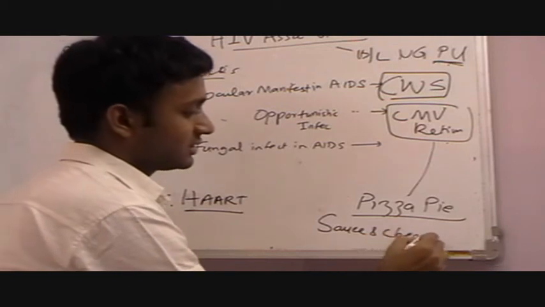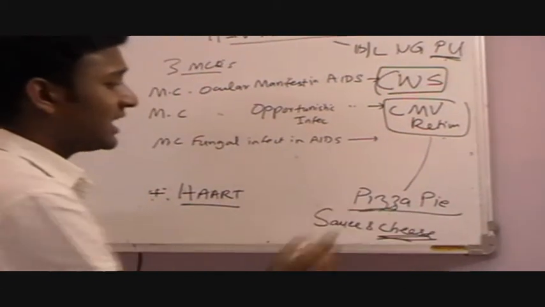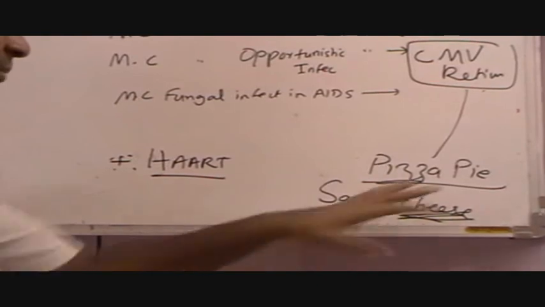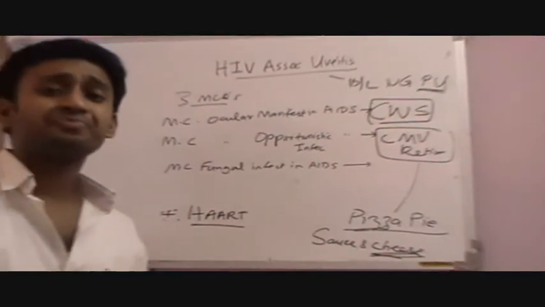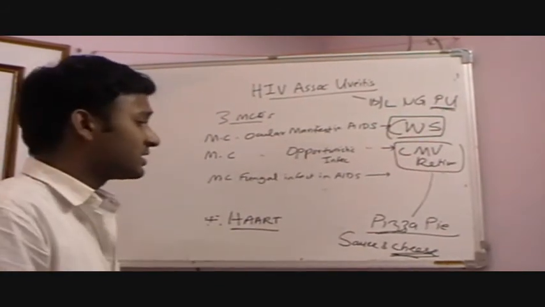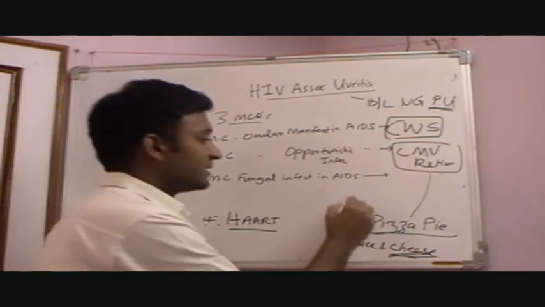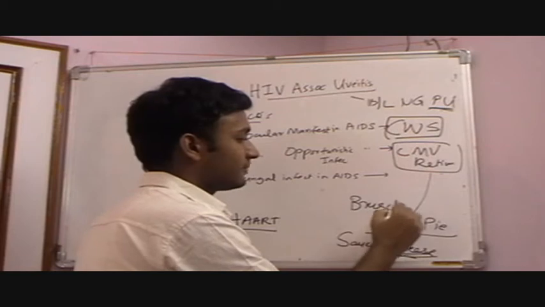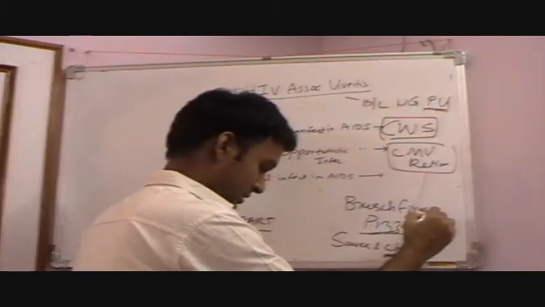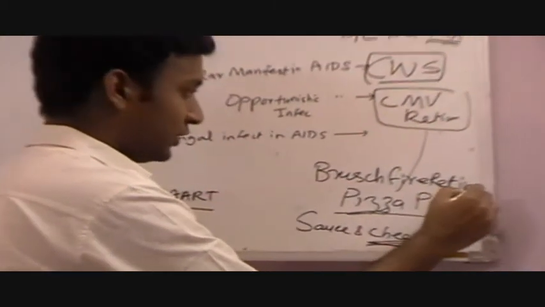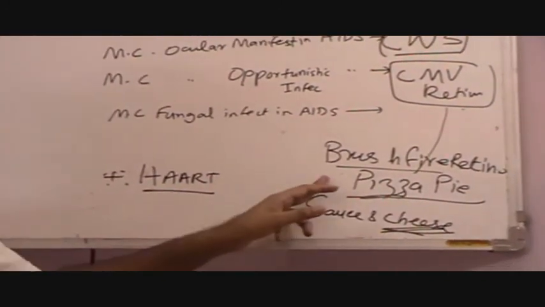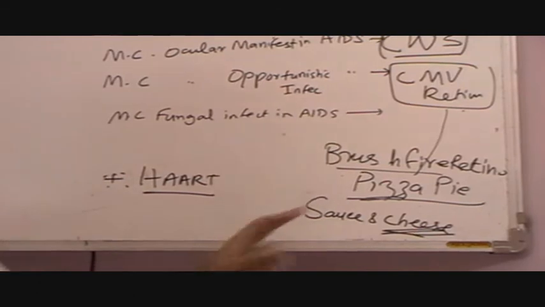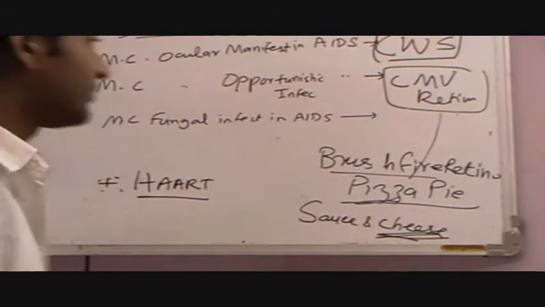The cheese, these are the opacities. The sauce, the reddish parts, these are the vasculitis. This is also called brush fire retinopathy. So brush fire retinopathy, pizza pie appearance, sauce and cheese: 3 important points in CMV retinitis.